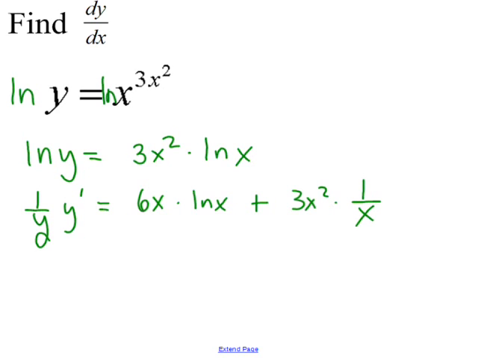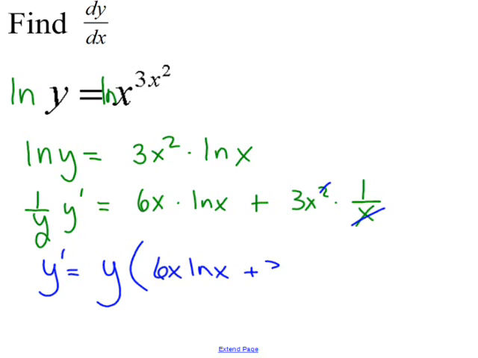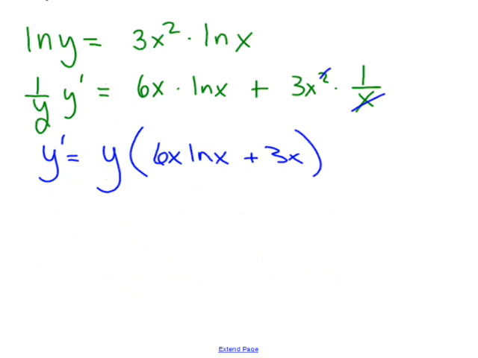All right, and then I simplify that a little bit. Basically, all I can do is take that x out and multiply both sides by y. Again, please make sure you're using parentheses. 6x ln of x plus 3x. And then we replace y with what it initially was, which is x to the 3x squared.